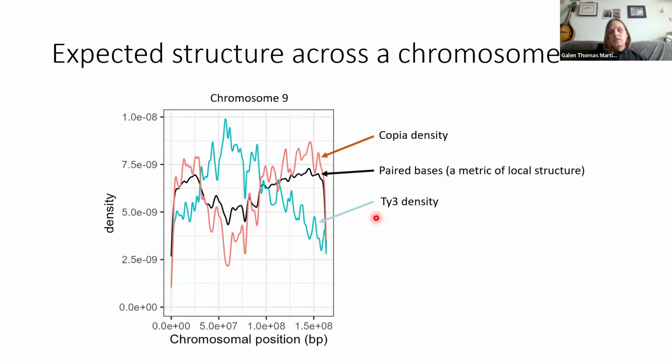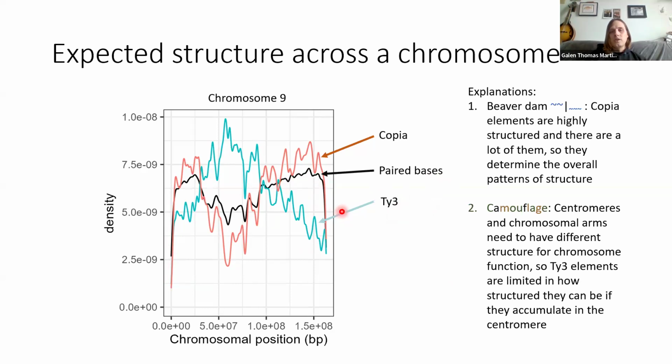Conversely, we found that these TY3 elements had less structure than the copia elements, and you find them outside of these highly structured portions of the genome. Of course, there are numerous explanations for this, a ton of things that could be influencing this. Yes, you're totally right.